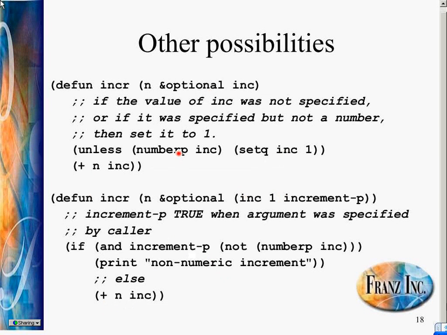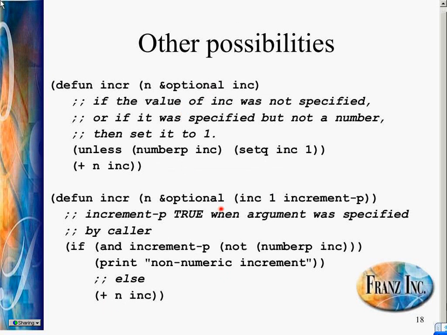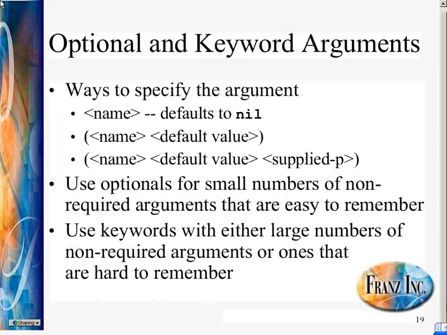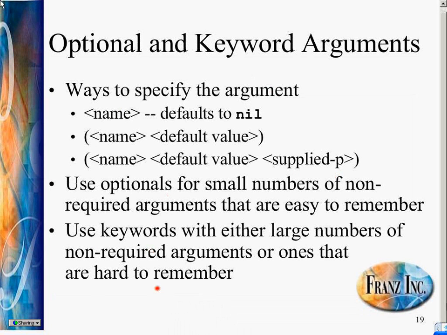But the point about this is that your code can encompass handling the default value, or you can depend on the system to handle it and do other things with your code. Lisp is a very flexible programming language. There are always lots of ways to do anything. So here we talk about the supplied-p, again, for optional and keyword arguments.